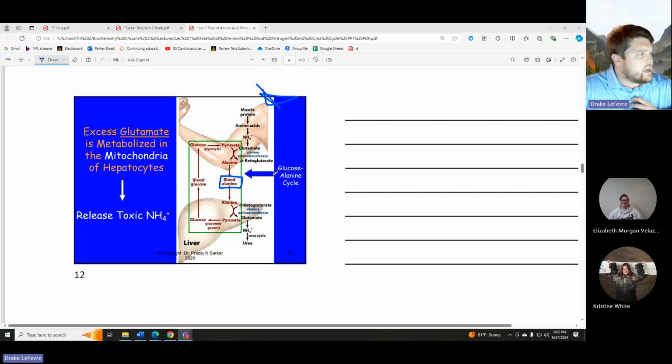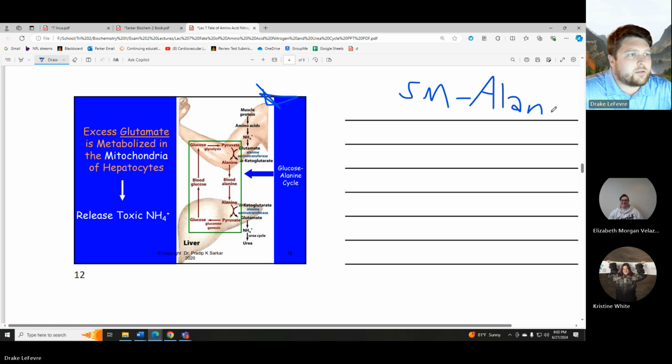The key things that are going to be the focus is what is coming from where. So the alanine comes from skeletal muscle. From skeletal muscle, we get the alanine. And the alanine is what travels through the blood.